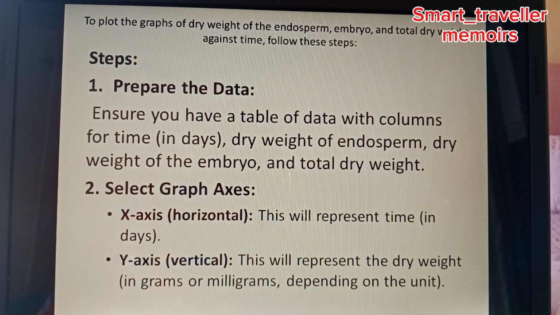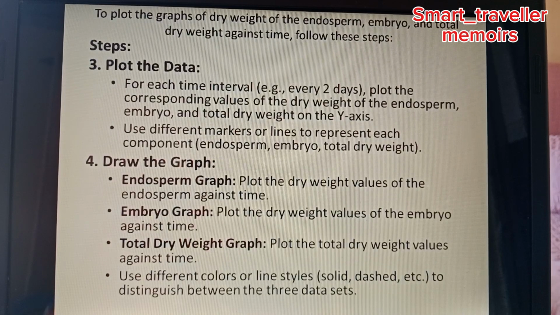Step 2, select the graph axes. The x-axis, horizontal, will represent the time in days. The y-axis, vertical, will represent the dry weight in grams or milligrams depending on the weight. Step 3, plot the data for each time interval, that is every 2 days.